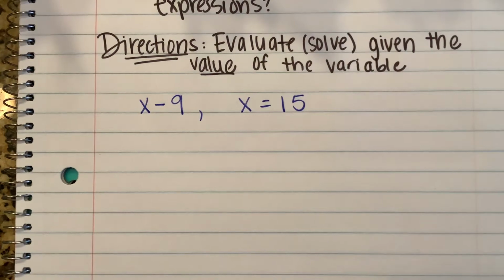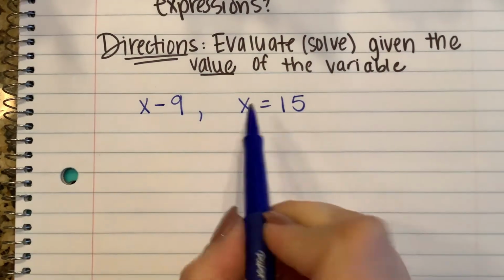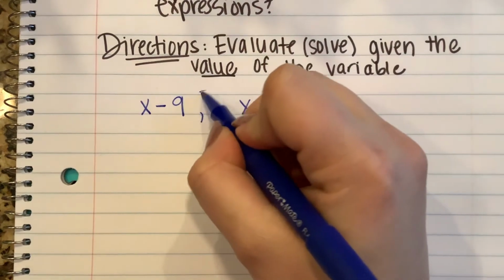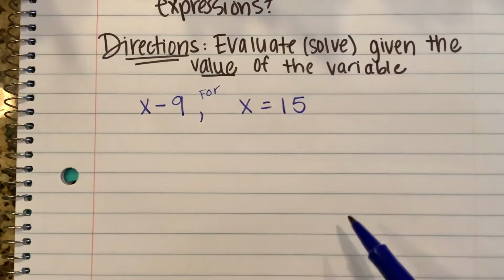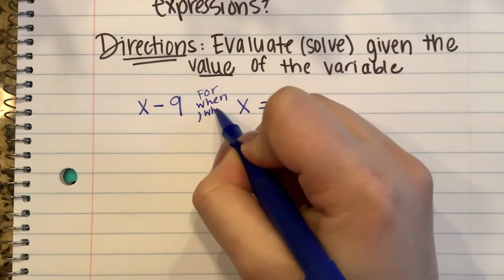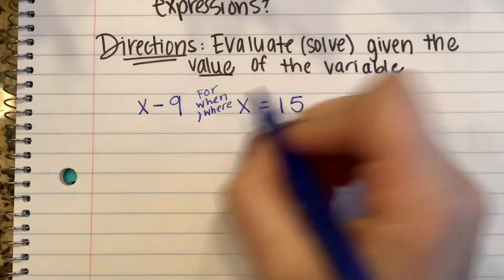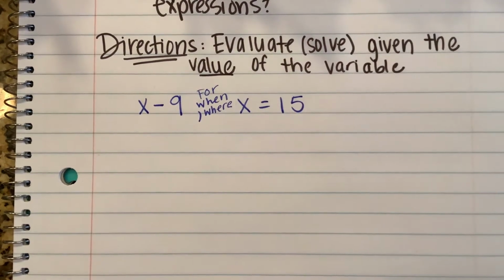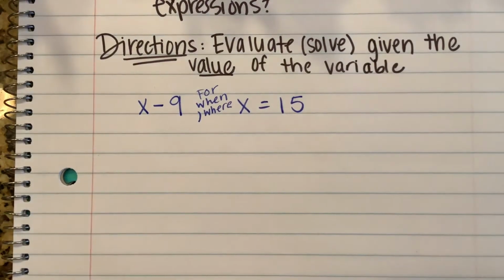This says x minus 9, given that x equals 15. When you're given these problems, you may see words like x minus 9, for x equals 15, when x equals 15, or you might just see a comma like I have here. The problem is telling us x equals 15.